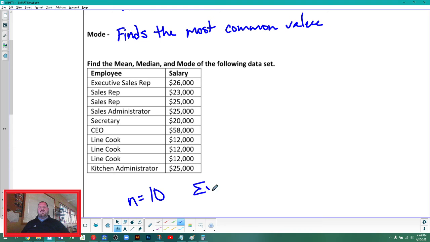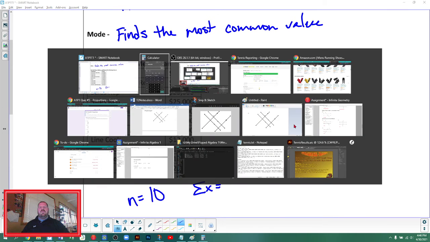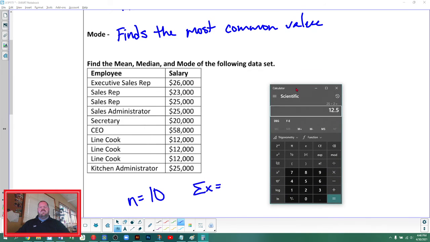The sum, as I'm trying to find the average, is found by adding all these up. 23,000, 25,000, 25,000, 20,000, 58,000, 12,000, 12,000, 12,000, and 25,000 and 26,000.